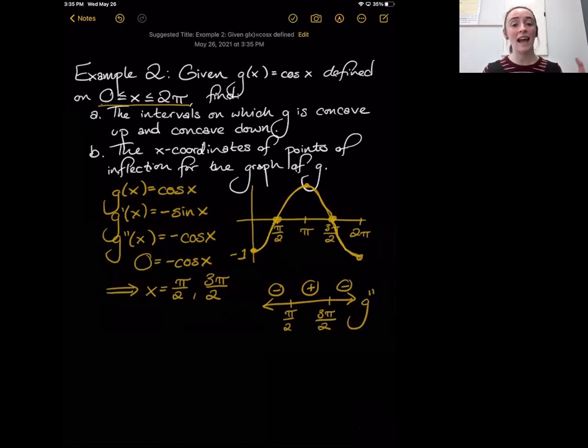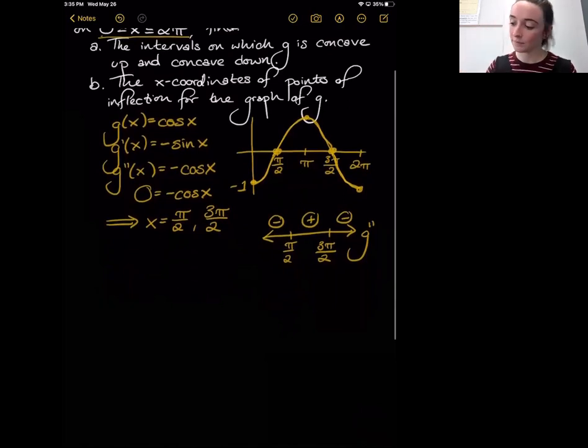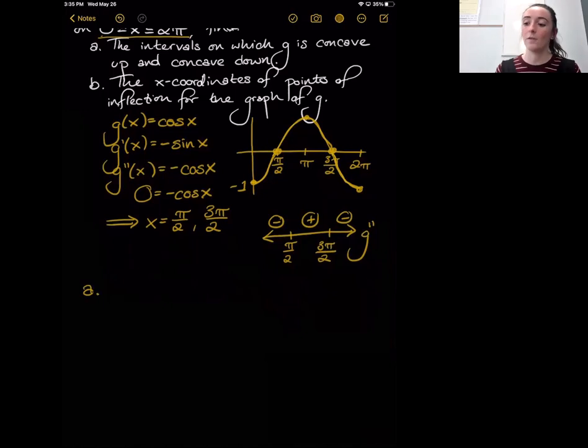And we actually already have enough information to figure out our answers to part A and part B. So for part A, the intervals on which g is concave up, right? We know g is concave up if its second derivative is positive. So where is its second derivative positive?